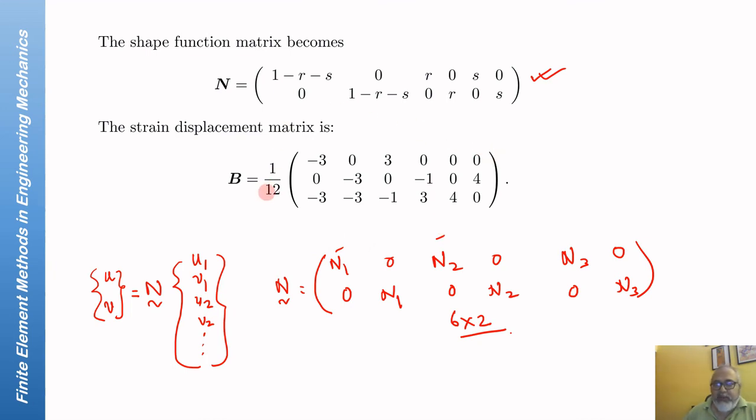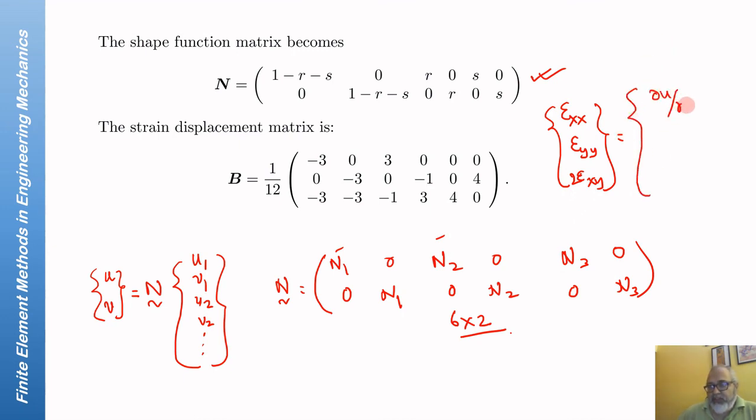The strain displacement matrix can be similarly calculated, and to calculate that you have to again calculate epsilon xx, epsilon yy, and 2 epsilon xy. You have to remember that this is del u del x, this is del v del y, and this is del u del y plus del v del x.